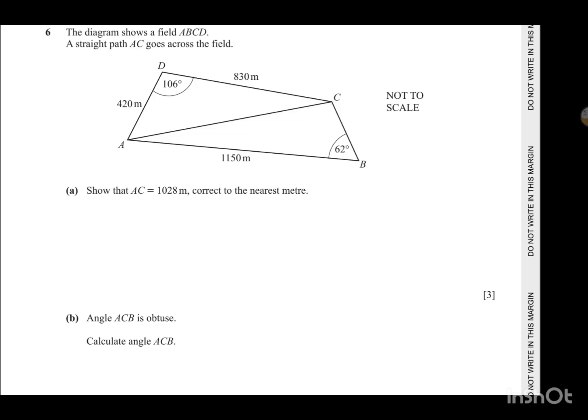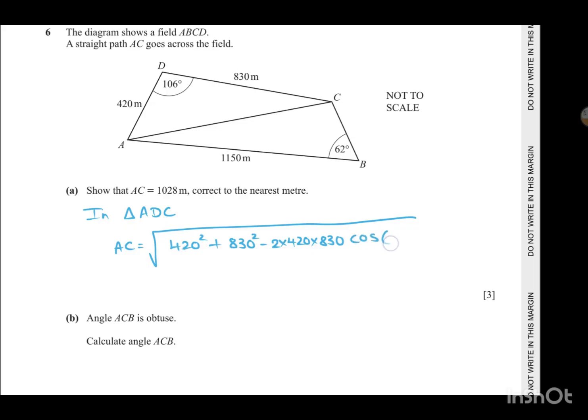Okay, so when you take triangle ADC, you know 2 sides and the angle between them. So we need to use the cos rule here, and AC will be square root of 420 squared plus 830 squared minus 2 into 420 into 830 into cos of the angle in between them. Use the calculator here.